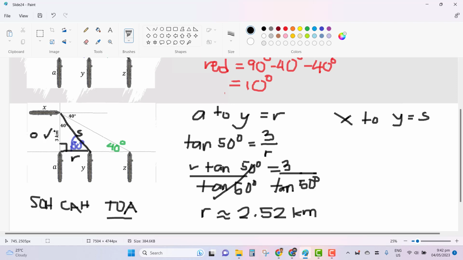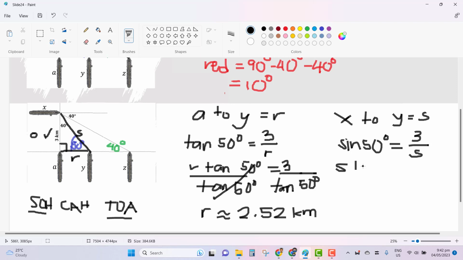I would like you to use the already given measurement of 3 kilometers. So again, with regards to 50, you will have opposite, and your S being your hypotenuse. Opposite, hypotenuse, sine. So we'll be using sine 50 degrees equal to your opposite side of 3 kilometers over your hypotenuse of S. That's not 5, that's S.